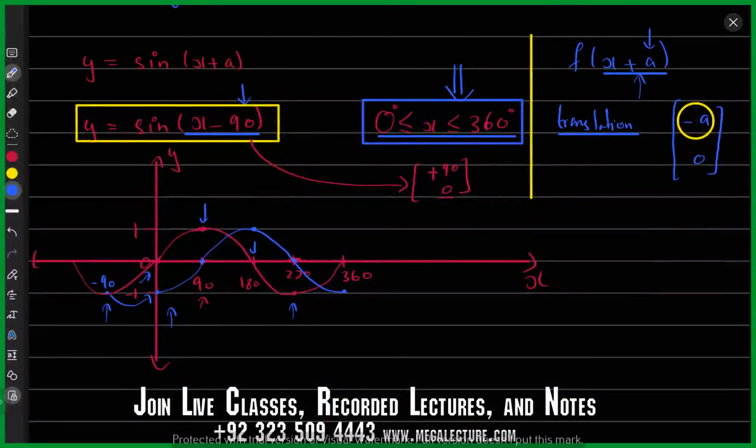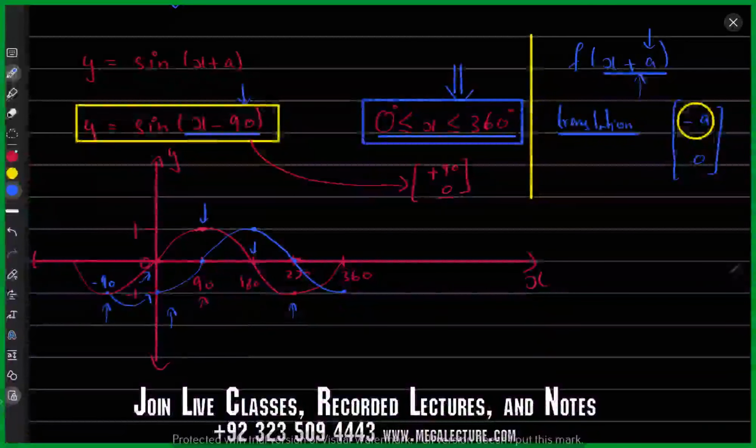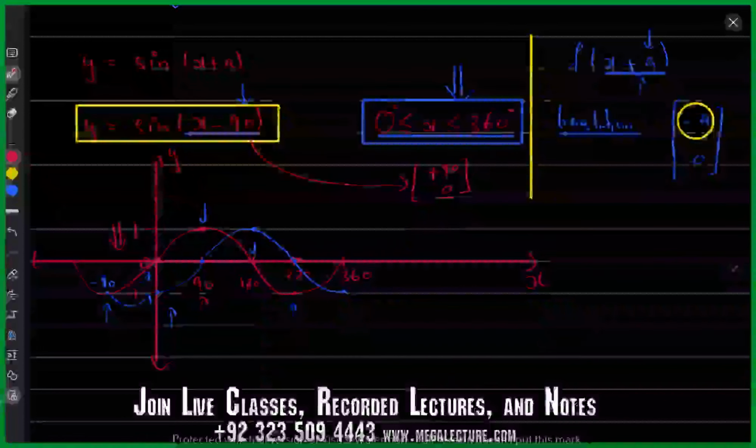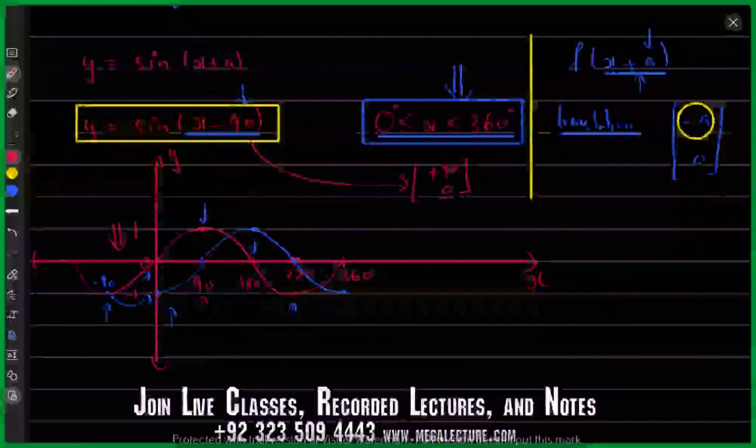I've just extended the basic sine graph, making the pink part that I did not have initially. By referring to all the points, I've moved all the x coordinates to the right by 90 units, and I did not change my y coordinate. This is why I got this blue graph.